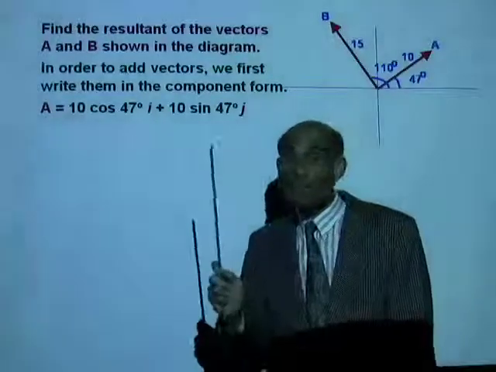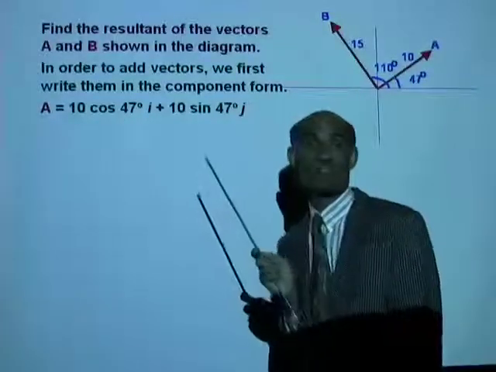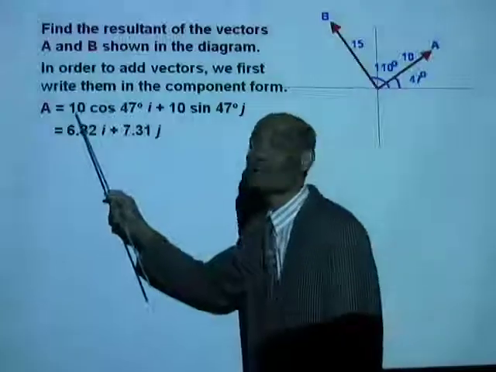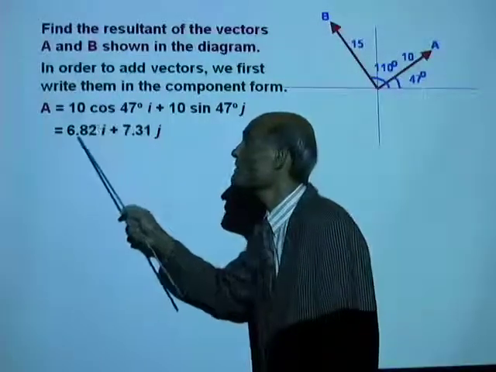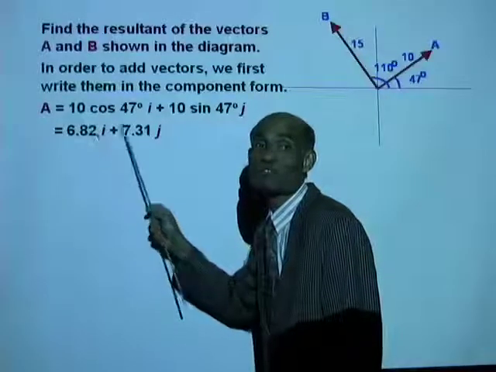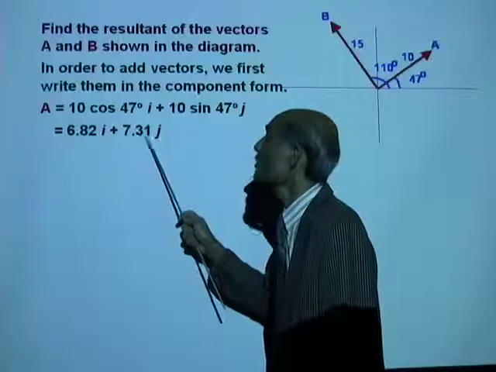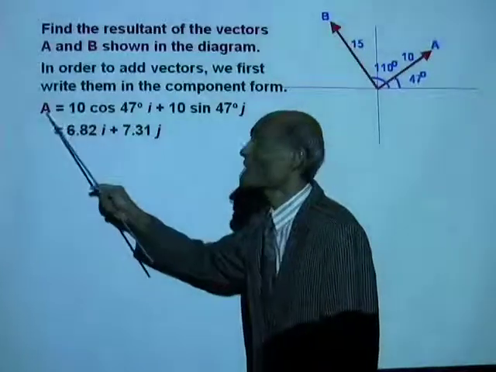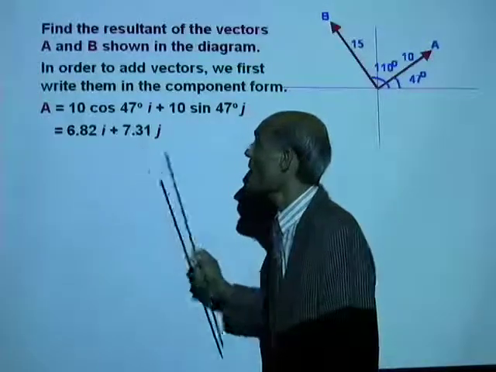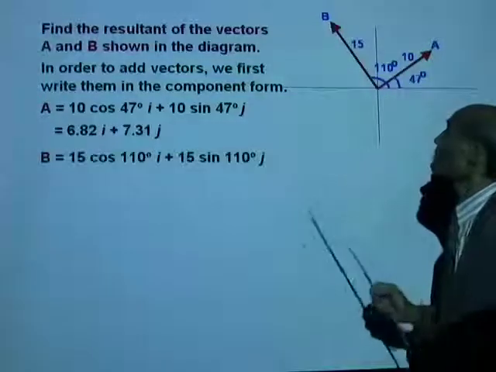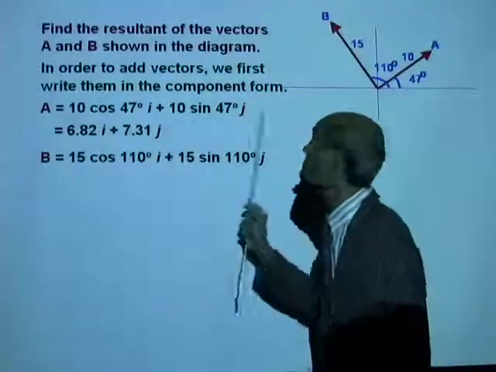Any vector can be broken into x component and y component like this. And use your calculator to obtain this value. 10 cos 47 is 6.82 and 10 sine 47 is 7.31. So our vector A is 6.82i plus 7.31j.